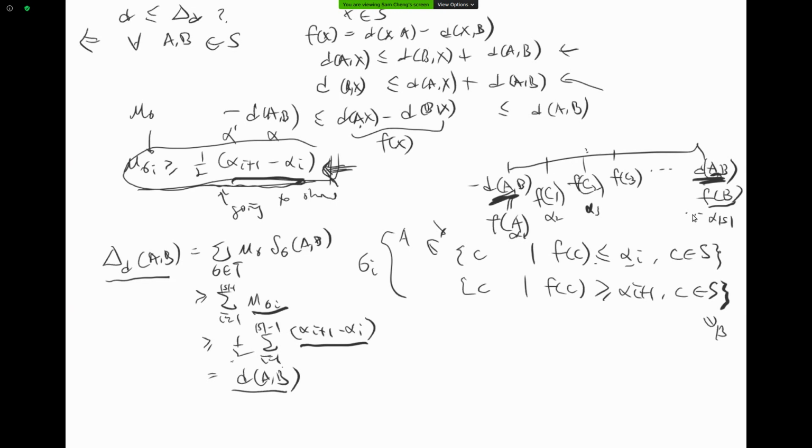So therefore I have delta d is bigger than or equal to d. And again together with lemma 9, I will also have the other inequality, d is bigger than or equal to delta d, so therefore d is equal to delta d.